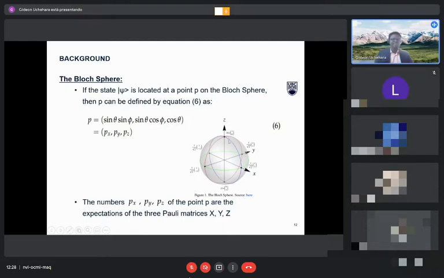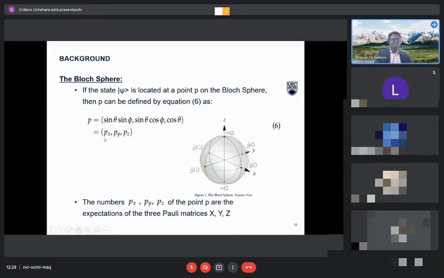This is basically like looking at a three-dimensional object, where the value of the point along the x-axis, the y-axis, and the z-axis is represented by these coordinates.